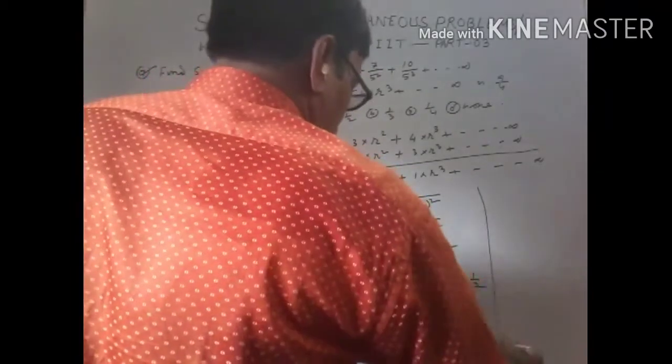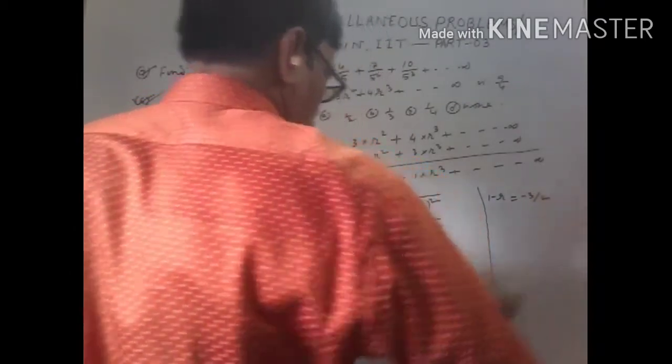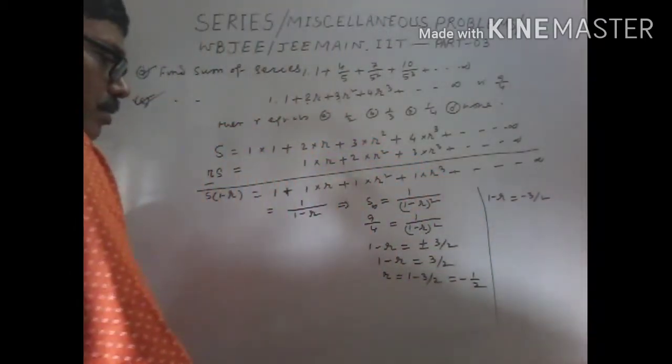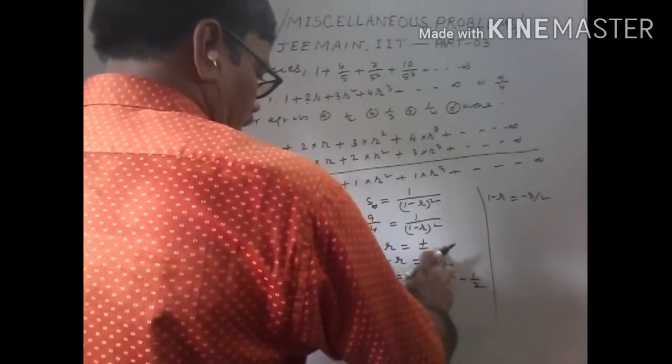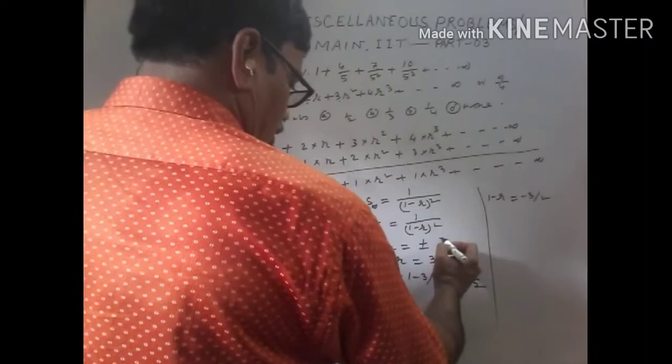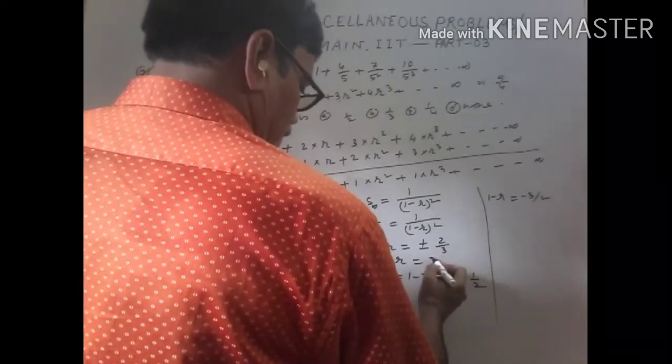Now if we take negative, 1 minus r equals minus 3 by 2. This is reciprocal, so this is 2 by 3.